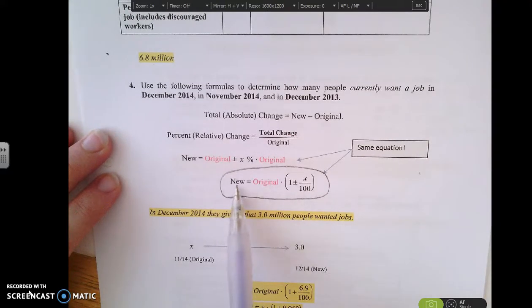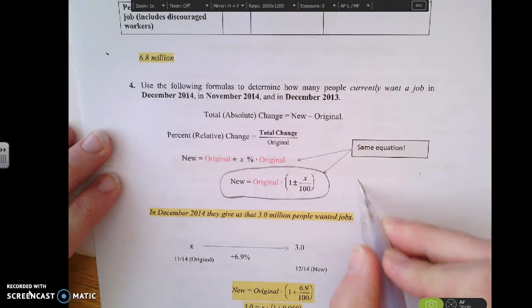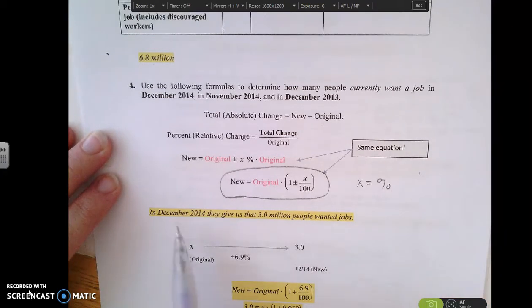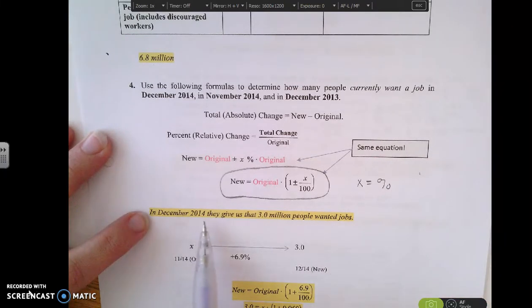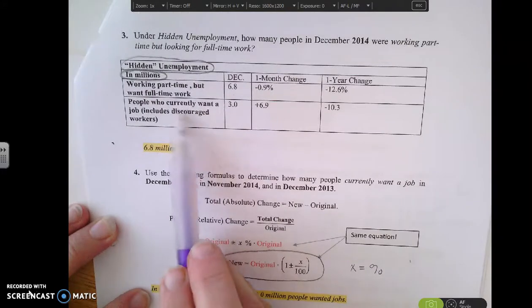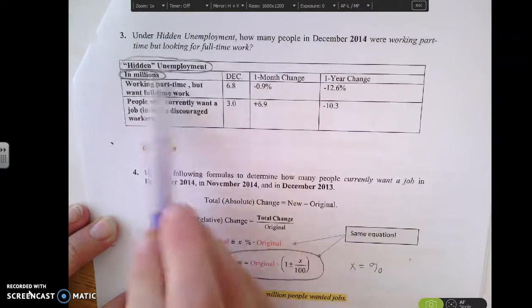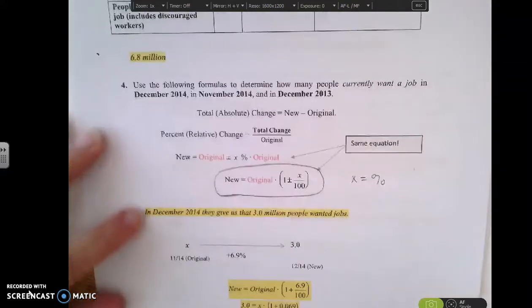The new is the new value, the original is the original value, and X is the rate or the percentage. In December 2014, they give us that 3 million people wanted jobs. We can get that from the chart. People who currently want a job are 3 million, because that's in millions.